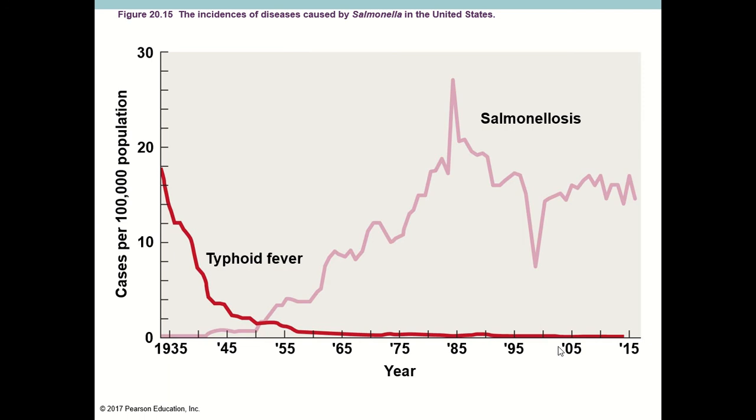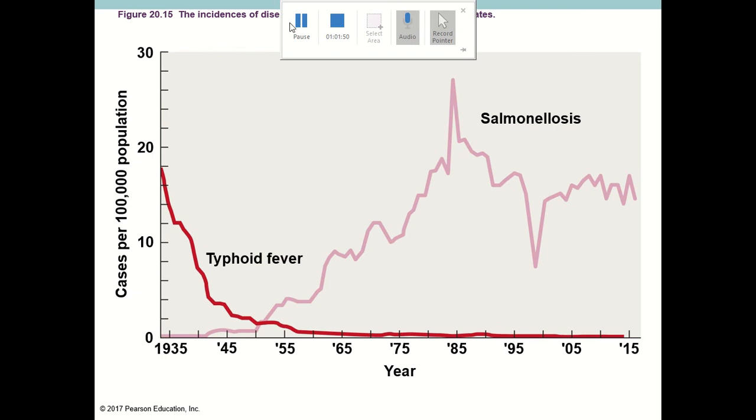It's a very rare disease here in the U.S. Salmonellosis has been on the rise ever since 1935, where we virtually saw no cases, to 1985, where we saw a peak, to 2015 right here, where we are basically keeping almost at a plateau level.